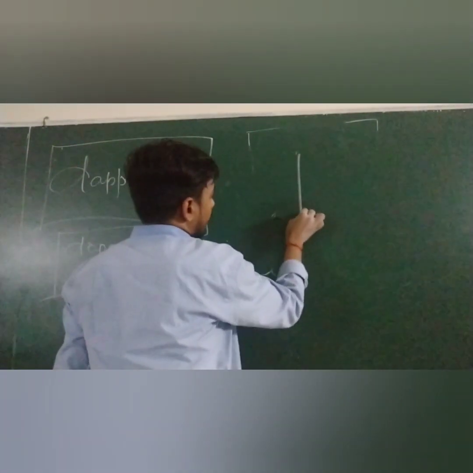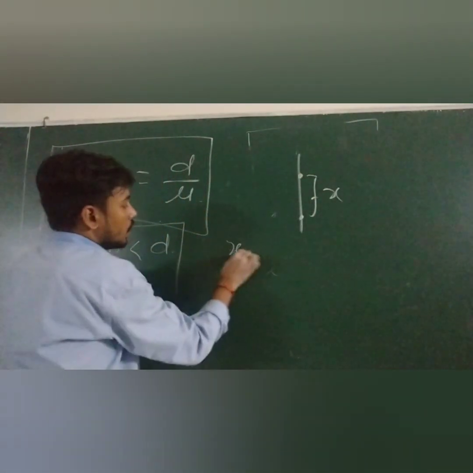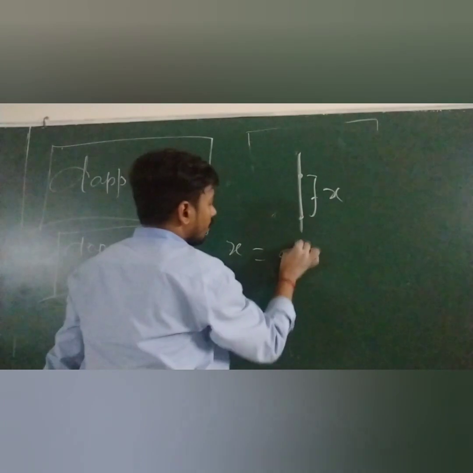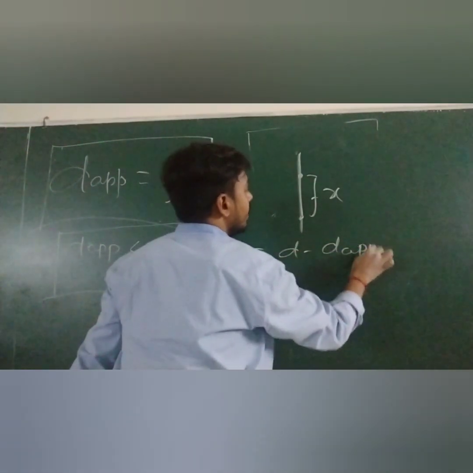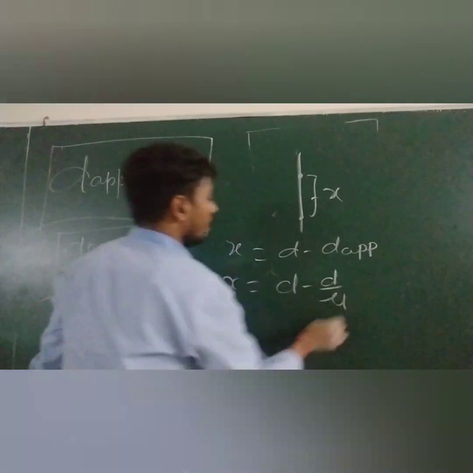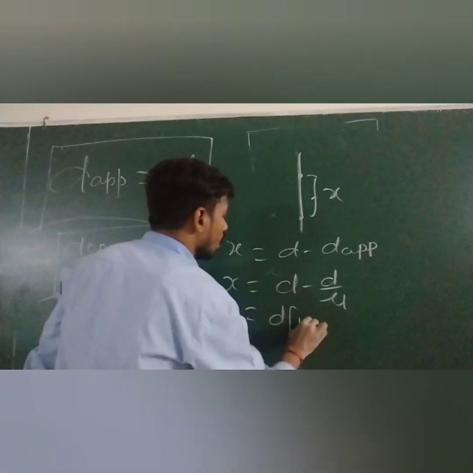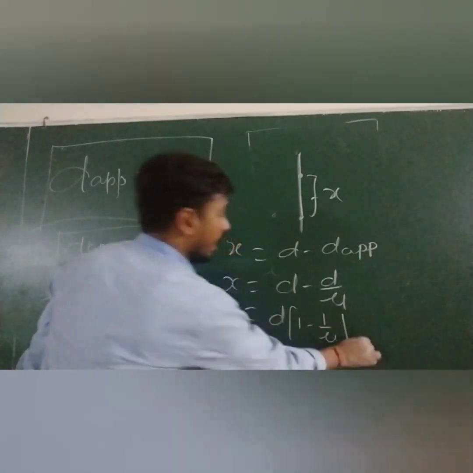This is the object and it will appear to here. So this is the normal shifting x. So x is equal to d minus d apparent, which is d minus d by mu, so x is equal to d times 1 minus 1 by mu.